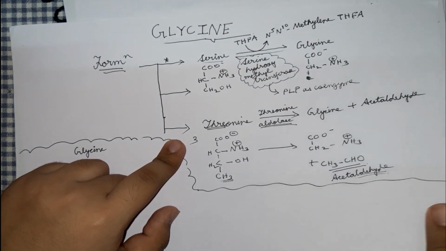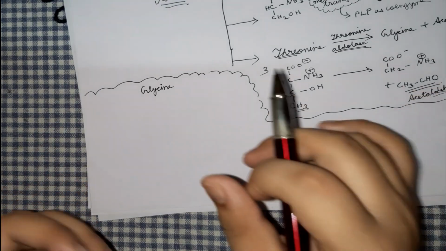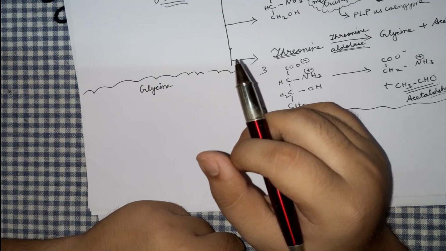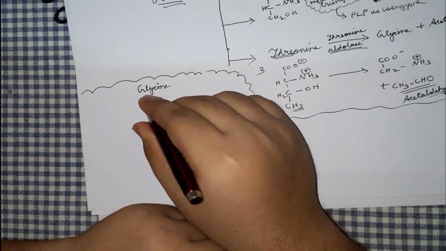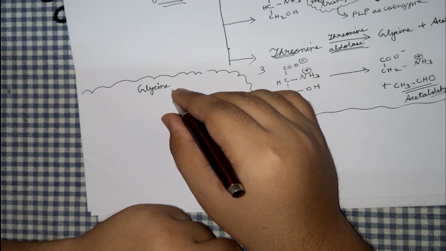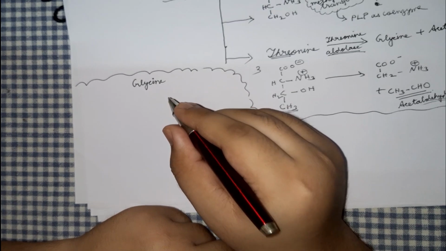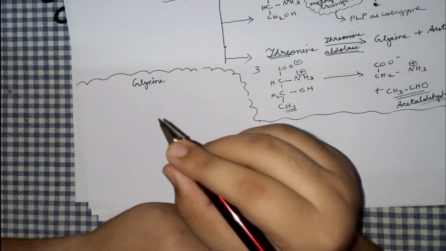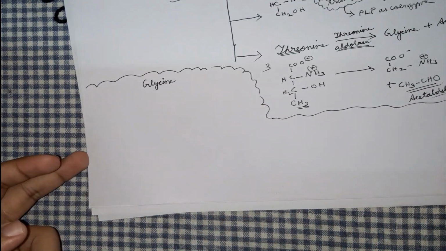So why am I telling you this? I'm telling you this because the glycine cleavage system is reversible. So if we can reverse the breakdown of glycine, we can actually form glycine, right? But for that, we need to understand how the breakdown works.